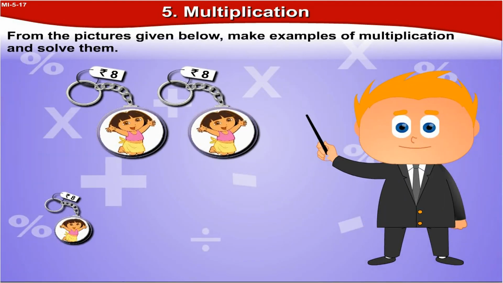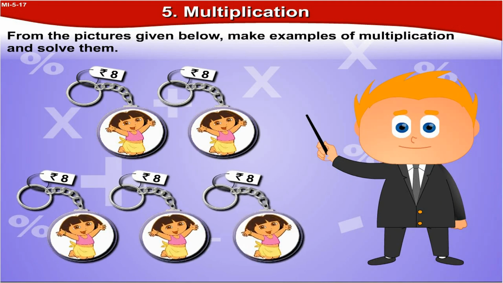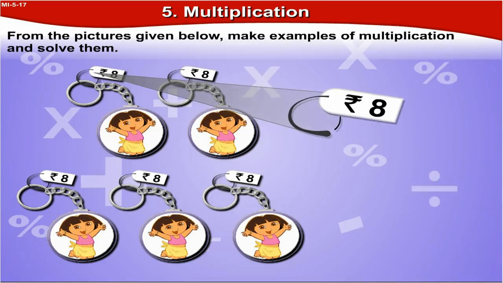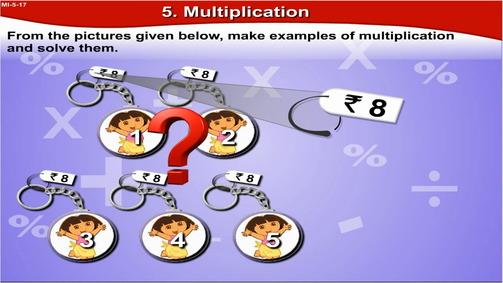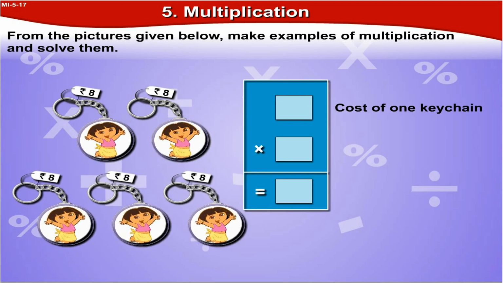Now let us see the next picture, which is of doll keychains. Well, cost of one keychain is rupees 8. What will be the cost of 5 keychains? Cost of one keychain is rupees 8.